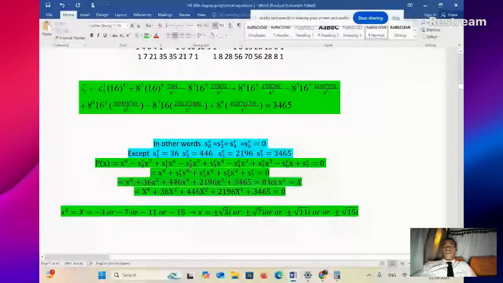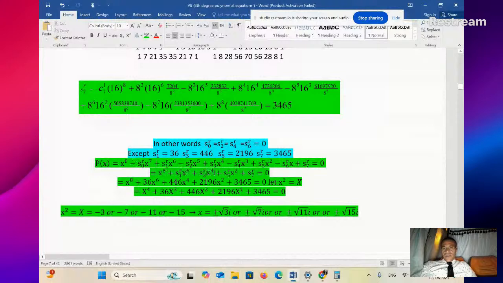Now, learners, this is x^8 minus S0 over r x^7 plus S1 over r x^6 minus S2 over r x^5 plus S3 over r x^4 minus S4 over r x^3 plus S5 over r x^2 minus S6 over r x plus S7 over r. Therefore, I'm going to substitute S subscript k minus 1 over r with their values. I will obtain x^8 plus S1 over r x^6, because this one is going to be 0. No need to write it.